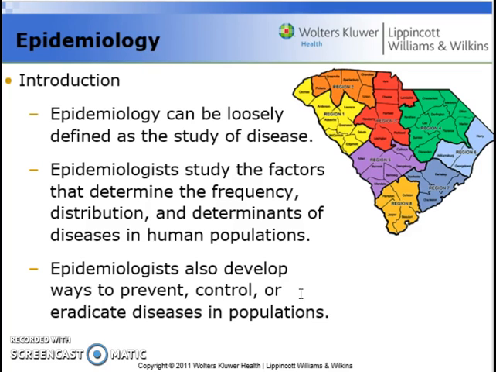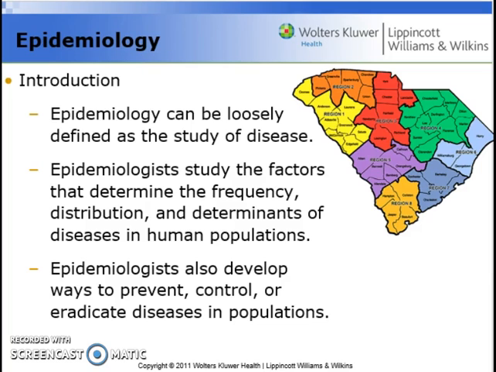So epidemiologists play a very important role in monitoring and controlling the spread of infectious diseases. In doing so, they hopefully can protect our populations through more control mechanisms, hopefully eradicate diseases, or at least stop them before they become too deadly.